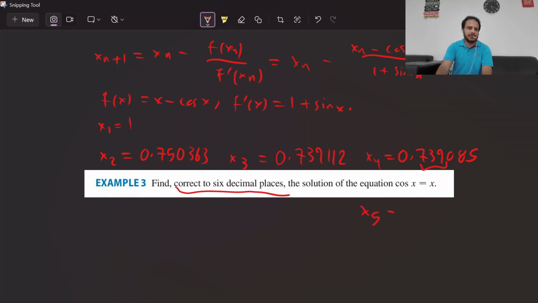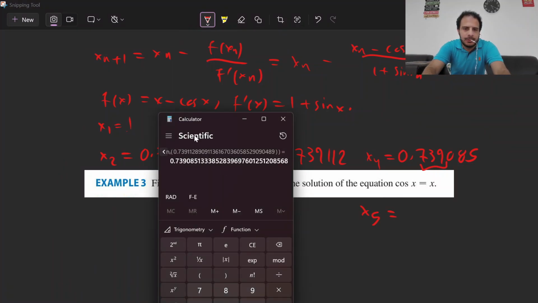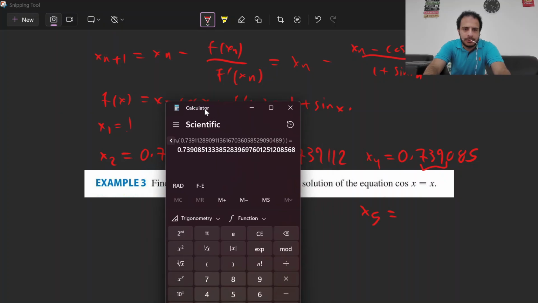x_5. Now, Control C, Control V minus, open, Control V minus, Control V cosine, close, divide, open, 1 plus Control V sine.